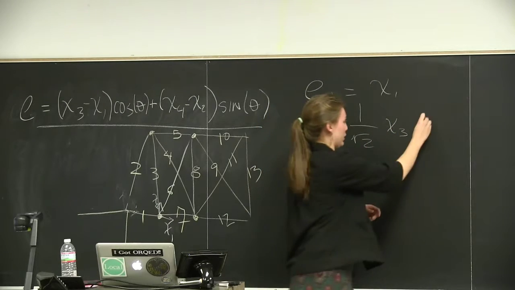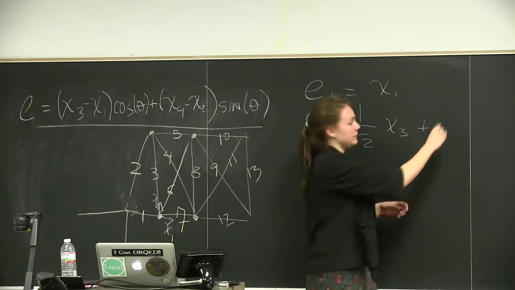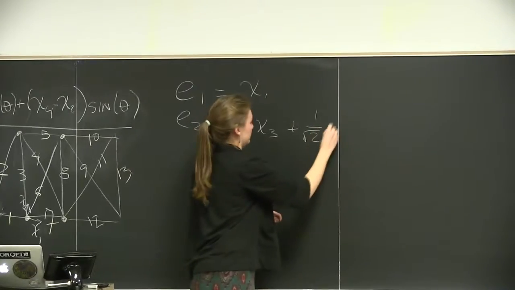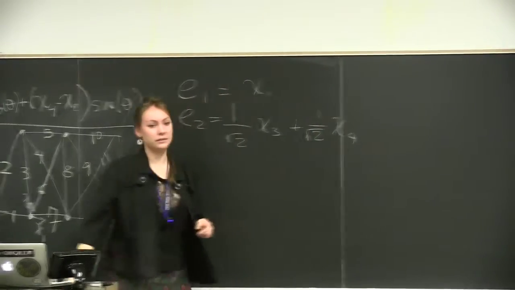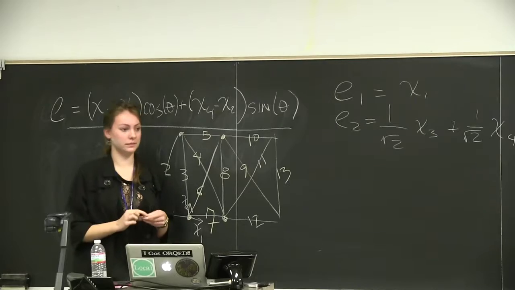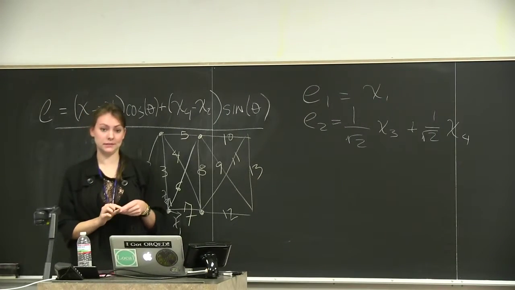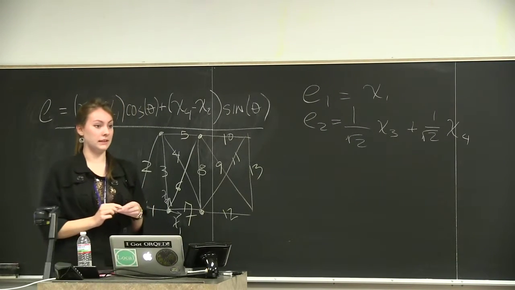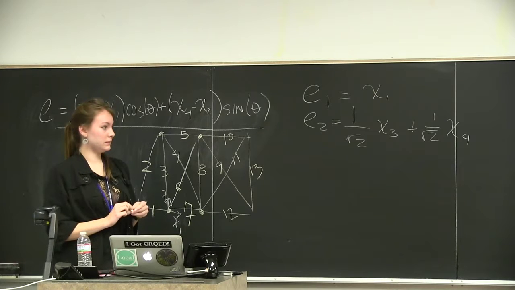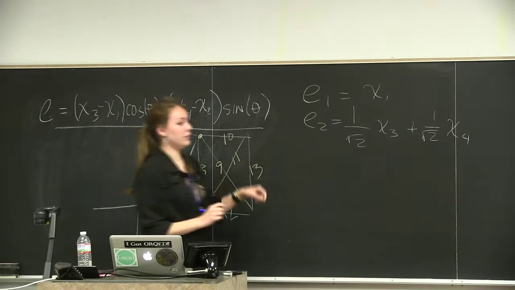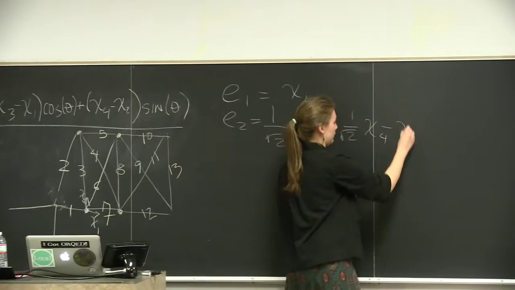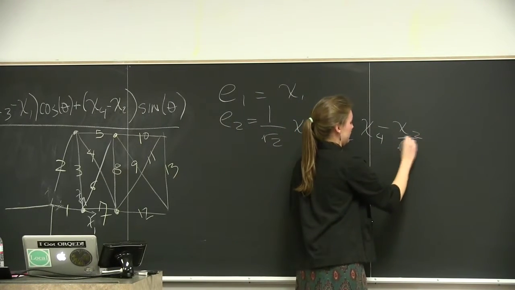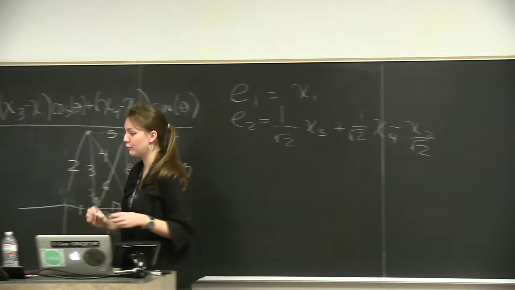We can use 1 over root 2 plus the same of x4. Did anybody get something different? Yeah, I had that, but then minus x2 over root 2. Okay, so where did that term come from?